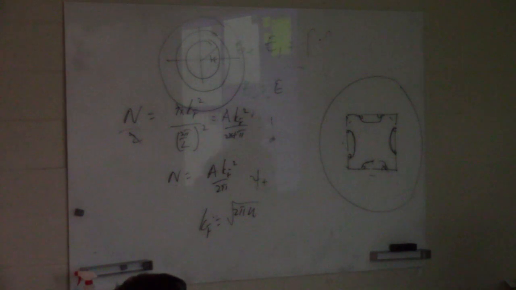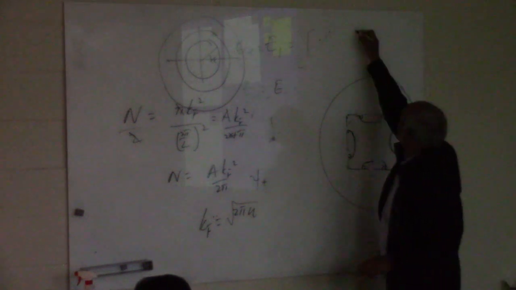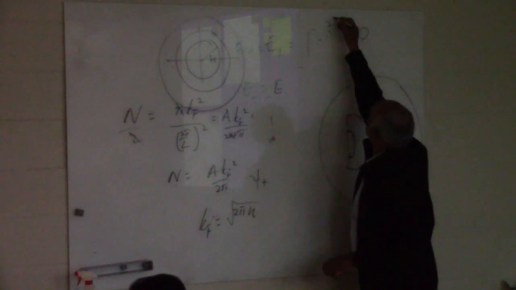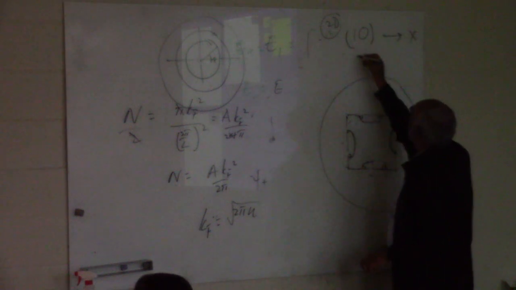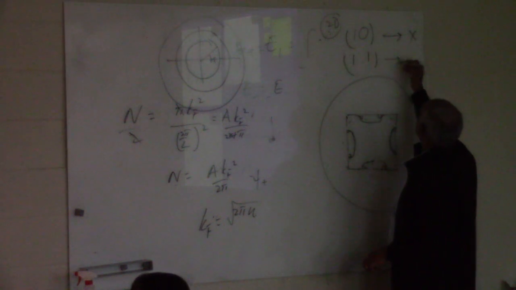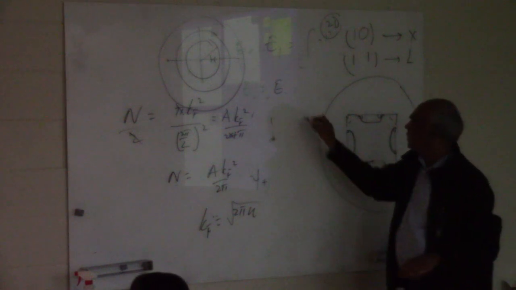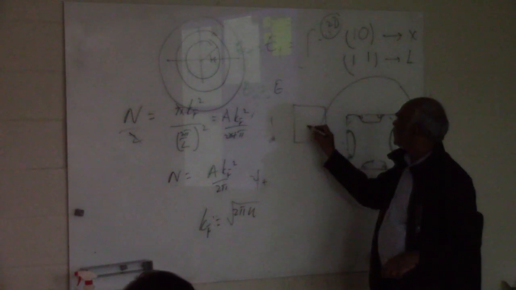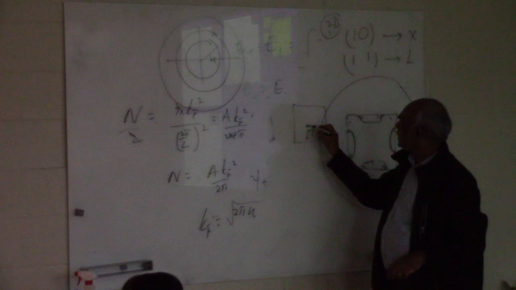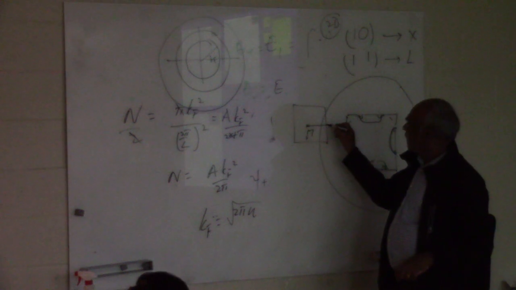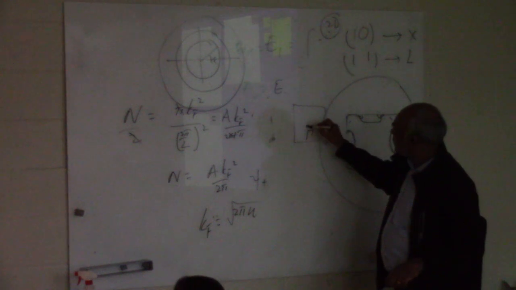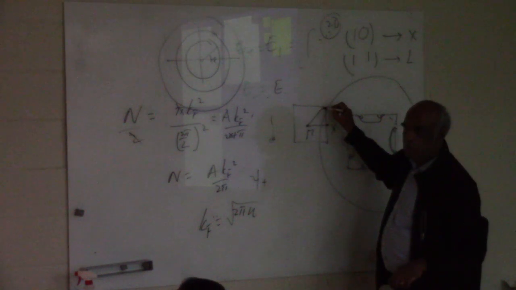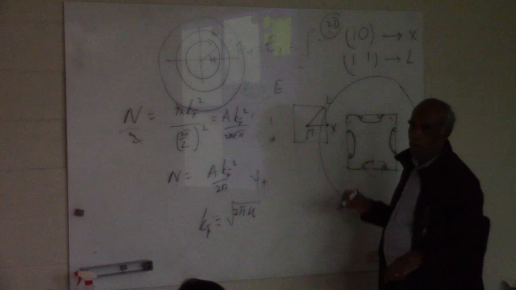If you go in the 1, 1 direction, we get the L point, right? So if you start from gamma and go in the 1, 0 direction, where it cuts is the X point. If you go in the 1, 1 direction, this way, where it cuts is the L point.